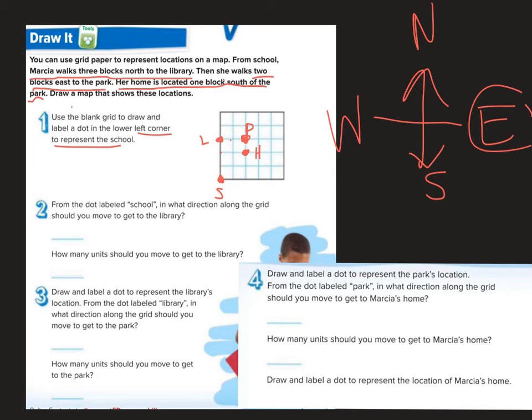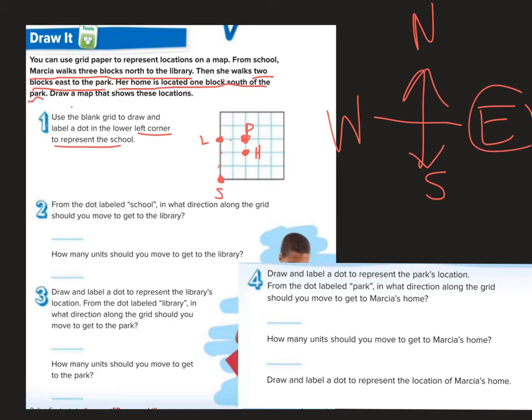We've drawn a map that shows these locations. Notice, I'm traveling along all of the intersections. I'm not counting squares or moving inside them. I'm traveling along the intersections, which is what we would do if we were walking around Austin. We would count the blocks. We're walking along the streets, not through people's backyards. You can imagine that same thing on the coordinate plane.